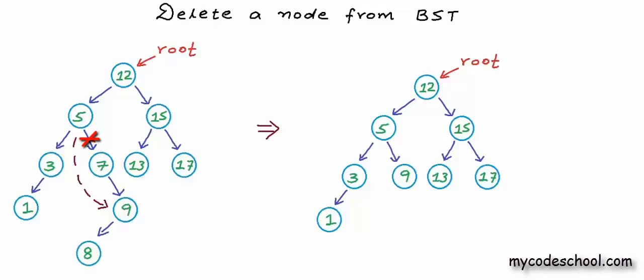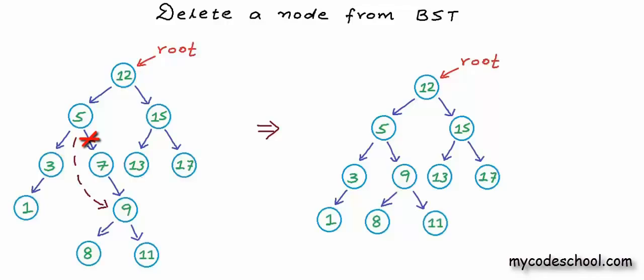We are left with only one choice. We can only have 8 here. In the right we can have something lesser than 12 and greater than 5, 7 and 9. All in all, between 9 and 12. Okay, so if the original tree was this much, after deletion this is how my tree will look.